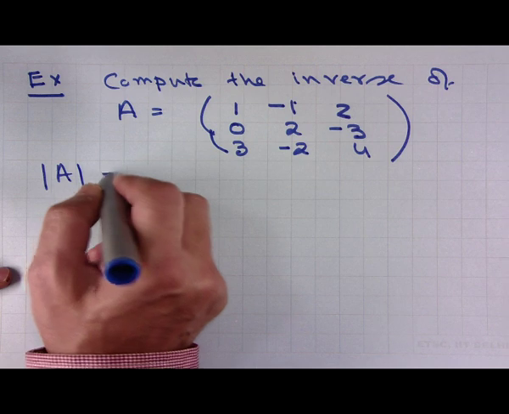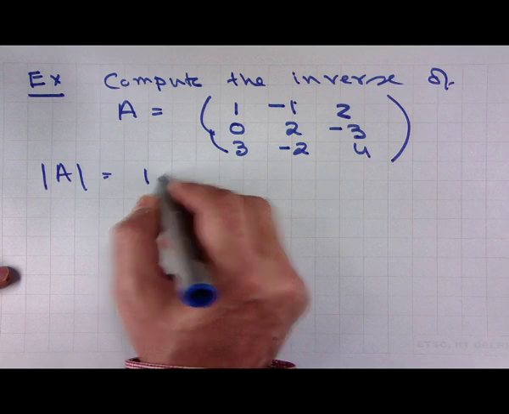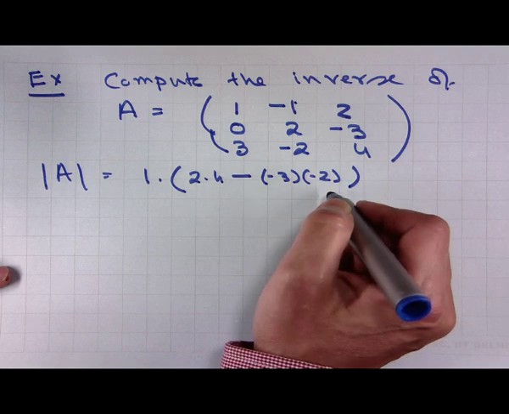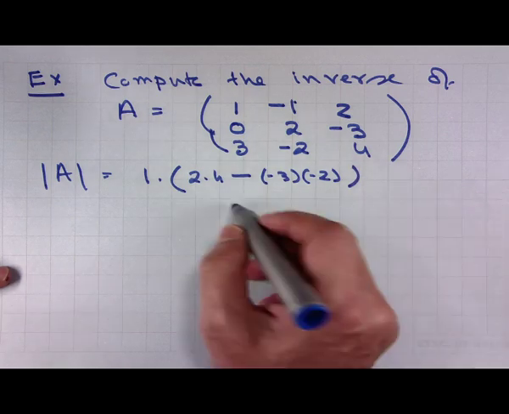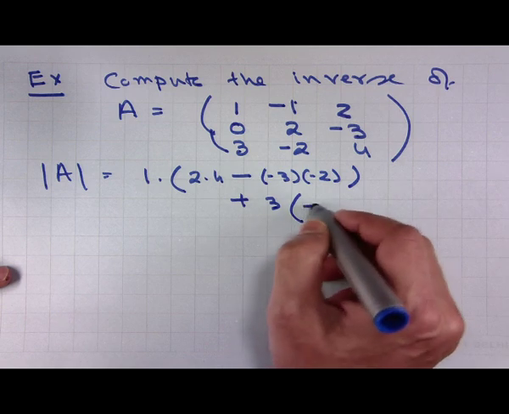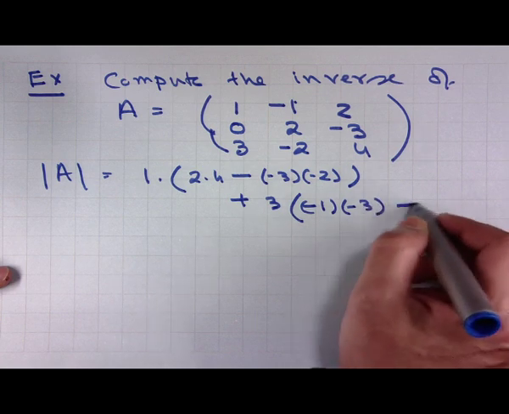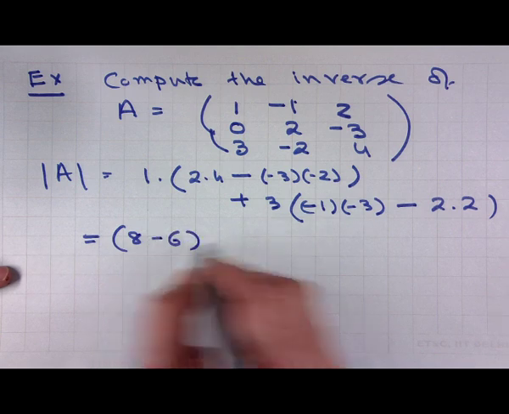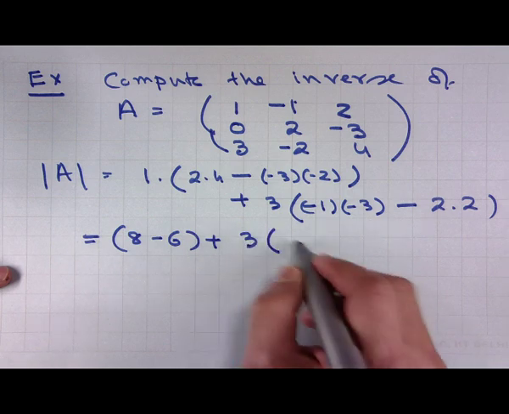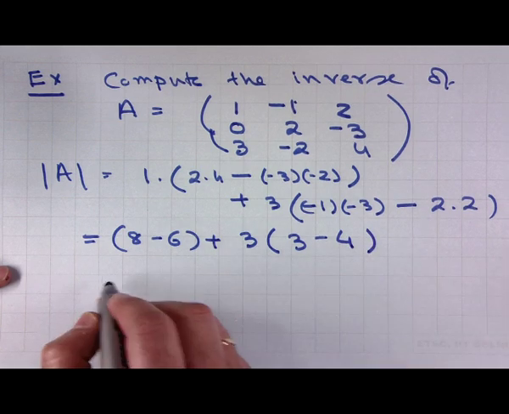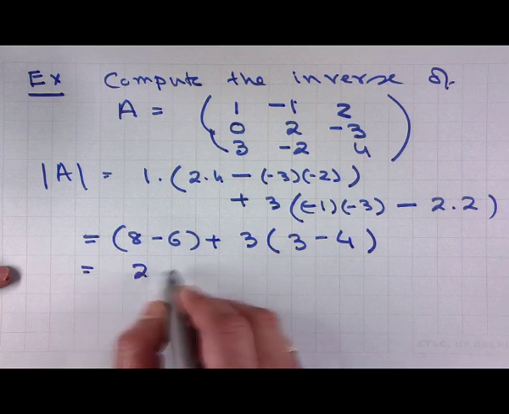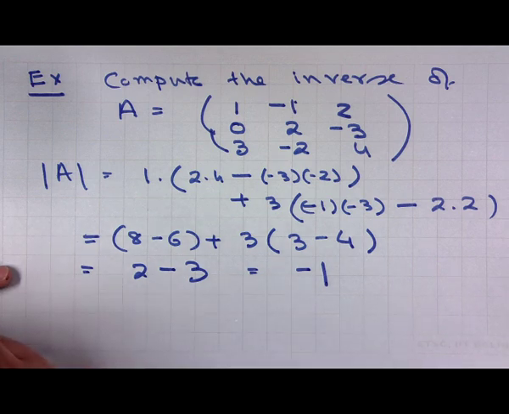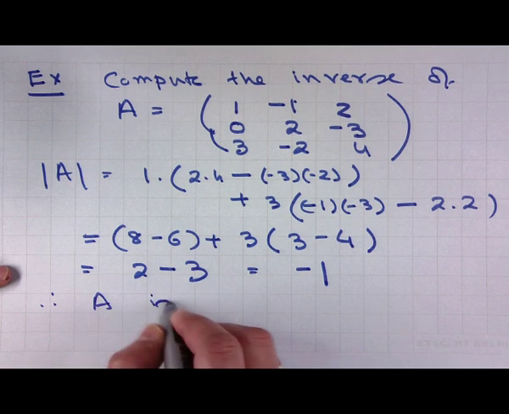Now, determinant of A is equal to, if I expand along the first column, 1 into (2 into 4 minus minus 3 into minus 2) plus 3 into (minus 1 into minus 3 minus 2 into 2), which is equal to 8 minus 6 plus 3 into (3 minus 4), which is equal to 2 minus 3, which is equal to minus 1. Therefore, A is non-singular.